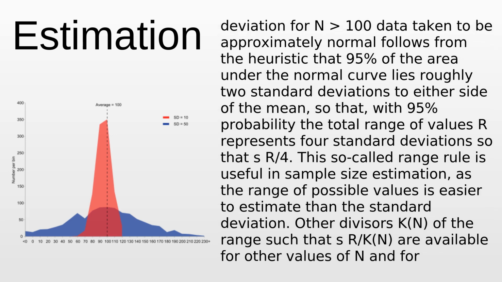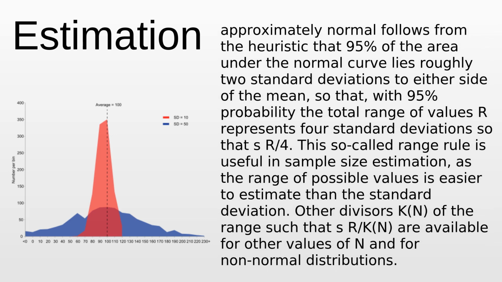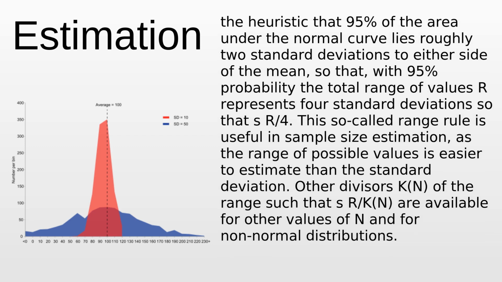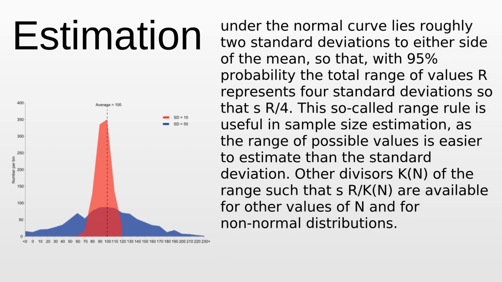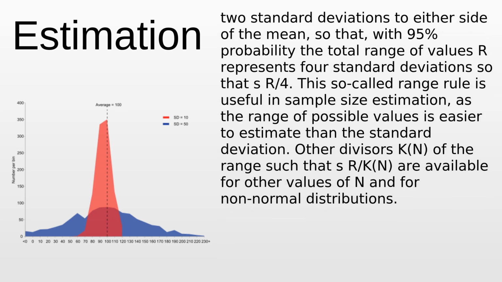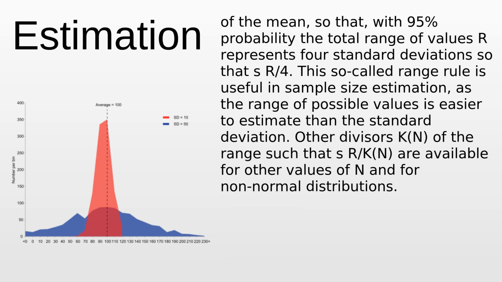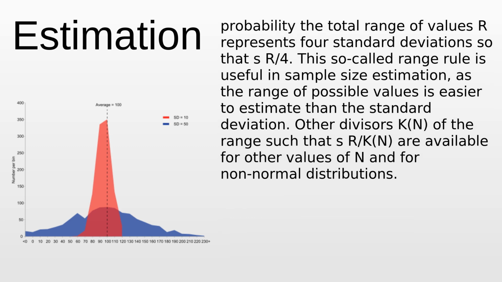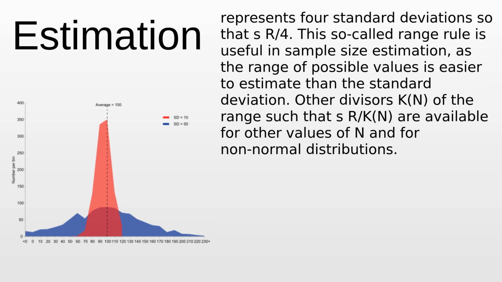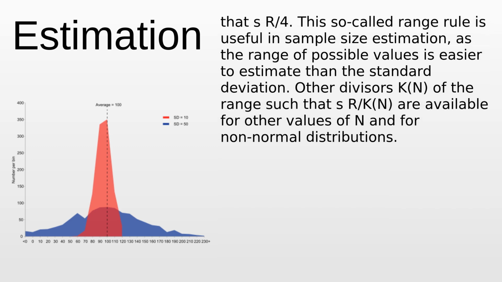An estimate of the standard deviation for n greater than 100 data taken to be approximately normal follows from the heuristic that 95% of the area under the normal curve lies roughly 2 standard deviations to either side of the mean, so that, with 95% probability, the total range of values R represents 4 standard deviations, so that s ≈ R/4.